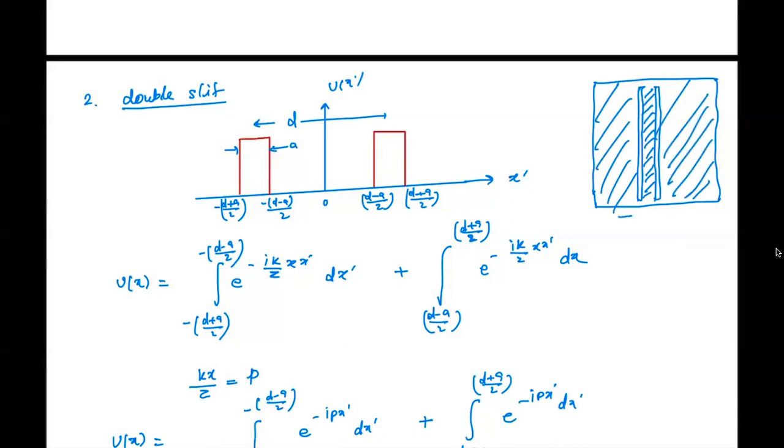The size of the slit is a, the slit width, and the separation between the slits is d. So again, if we take this as a one-dimensional problem, then we can represent this as this function. Or I think you are mostly used to seeing the double slit like this.